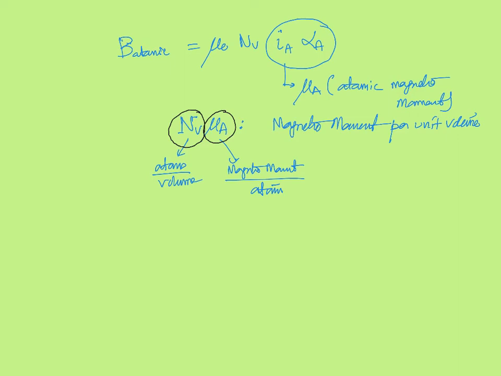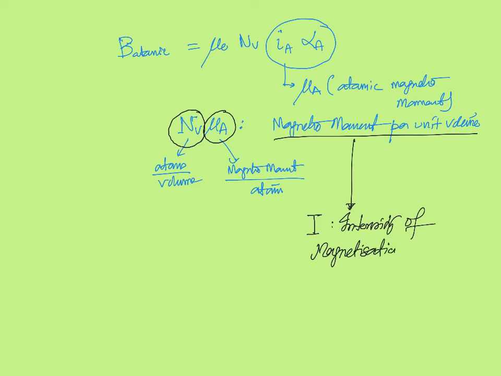So this is the magnetic moment per unit volume. This is denoted by I, and it is known as intensity of magnetization. So this B atomic happens to be mu 0 times I.